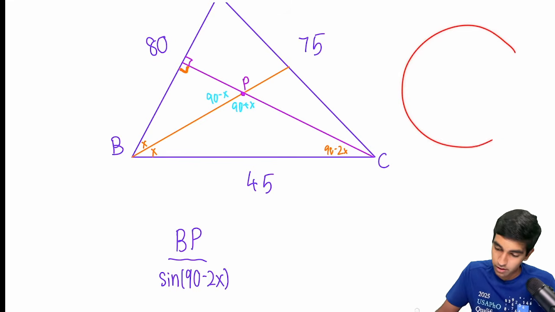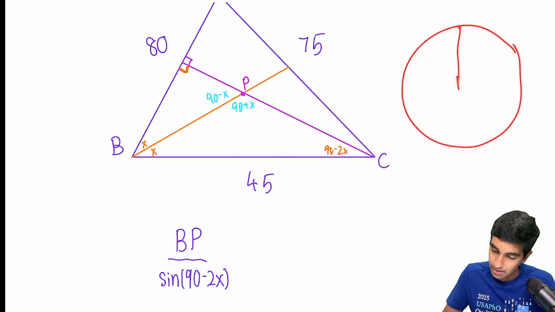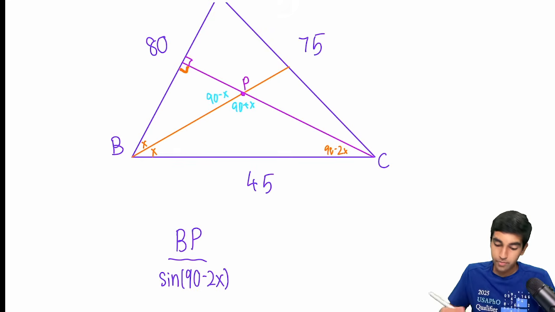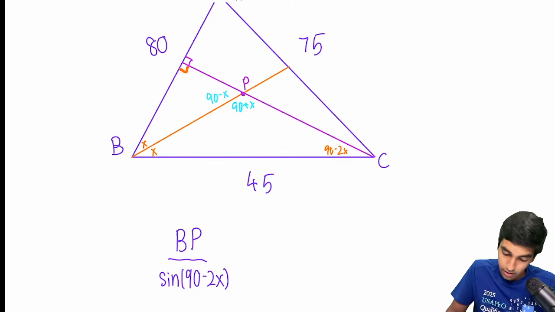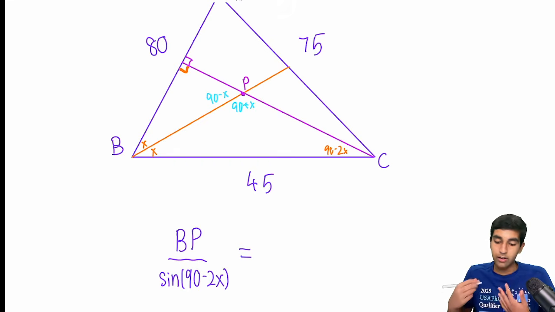If you remember the unit circle, if we have some angle theta, the sine of 90 minus that angle is just equal to cosine theta. So sine of 90 minus some angle is just cosine of that angle.